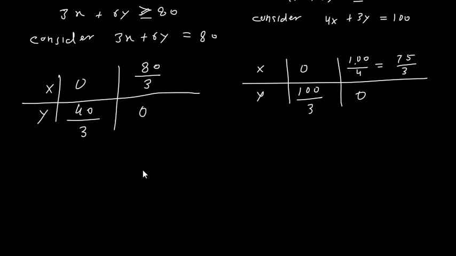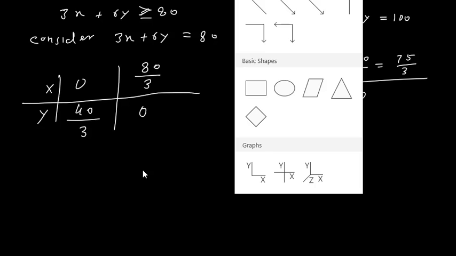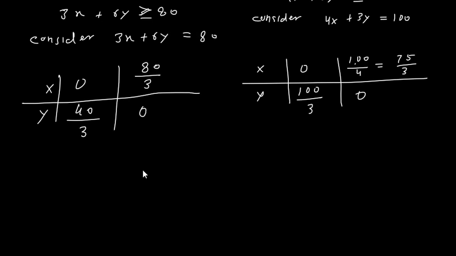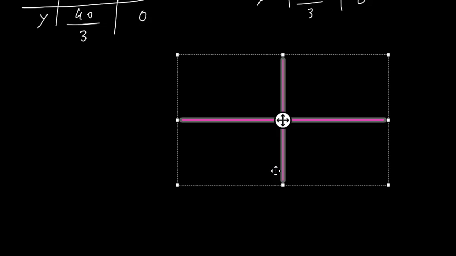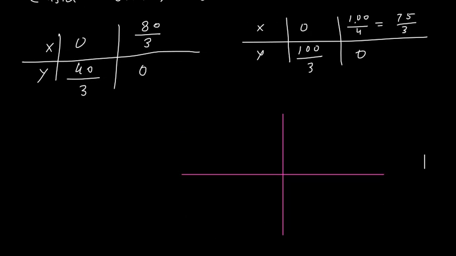So let us draw a graph. So this is my graph. Now here I have to locate 0, 40 upon 3. So let this point be 40 upon 3.